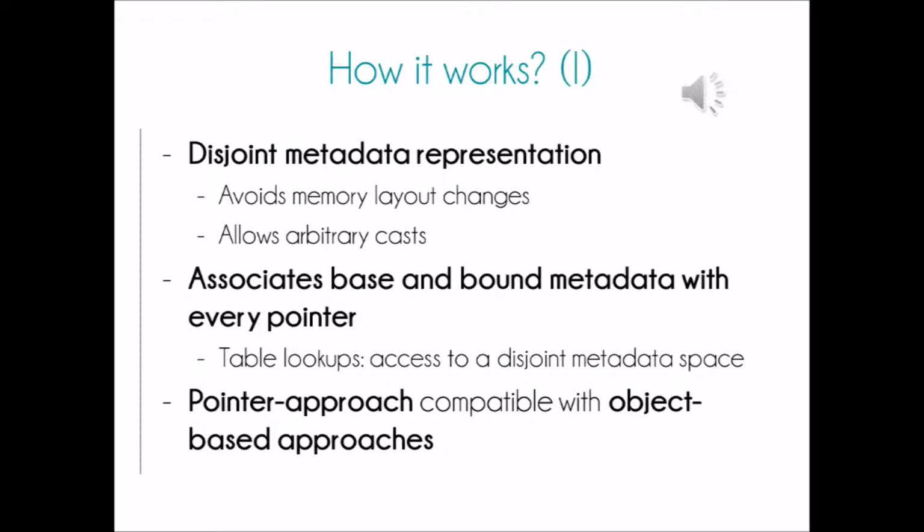Consequently, SoftBound associates base and bound metadata with every pointer, but records that metadata in a disjoint metadata space that is accessed via explicit table lookups. This approach is conceptually a pointer-based approach, but SoftBound's disjoint metadata provides the memory layout compatibility of object-based approaches.